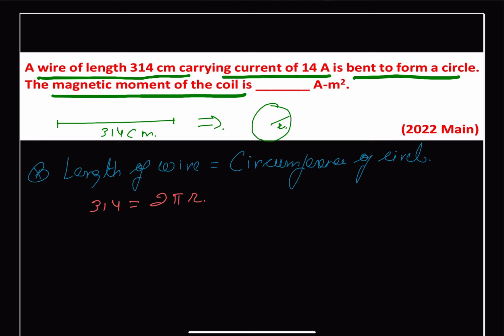From here we can write r will be equal to 314 divided by 2 into 3.14, which gives us 100 divided by 2, radius is 50 centimeters.